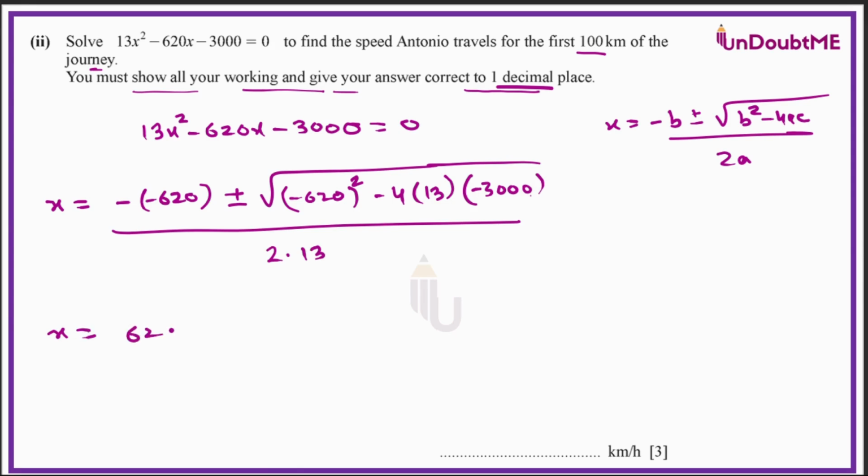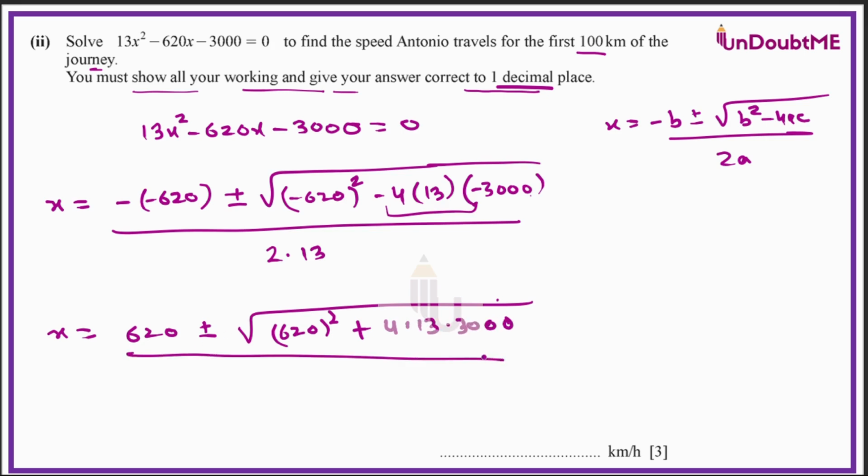Then finally we have 620 plus minus the square root of, in the bracket, we can solve this. On solving, this will be 620 squared, and minus and minus makes plus 4 times 13 times 3000. This needs to be done using a calculator. Divide by 26. I'm just straight away writing the answer because after this it is just calculation.